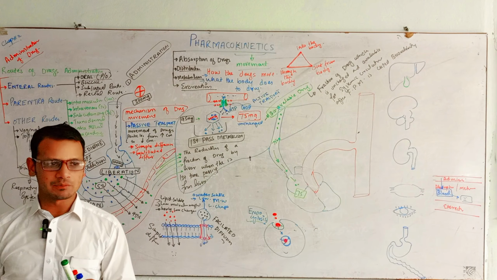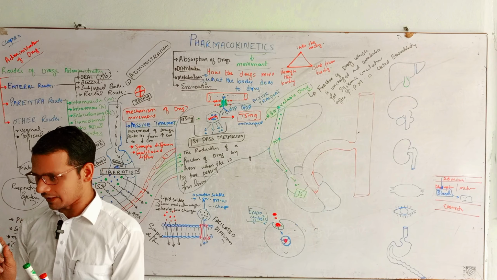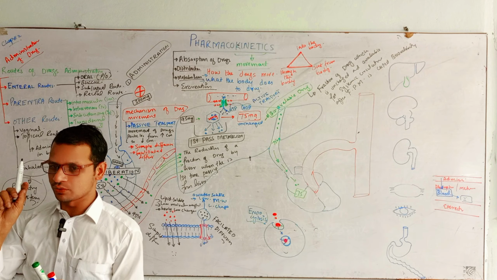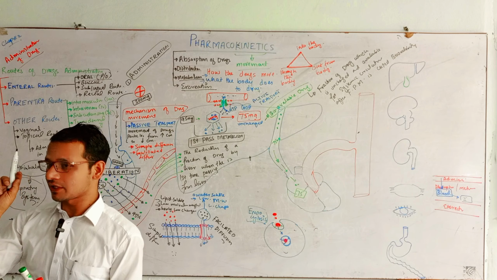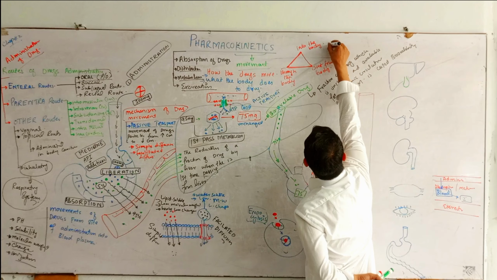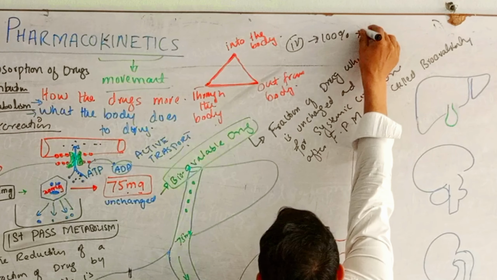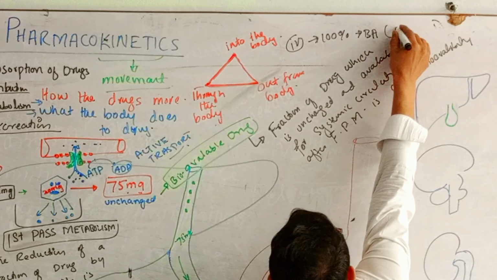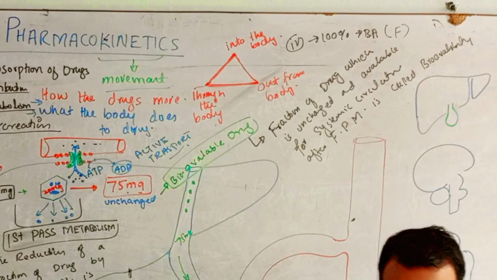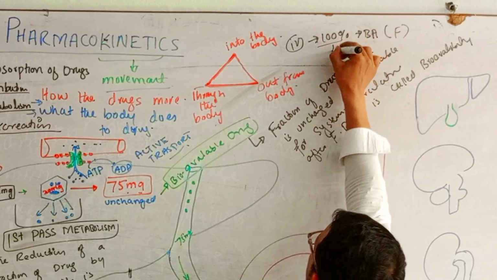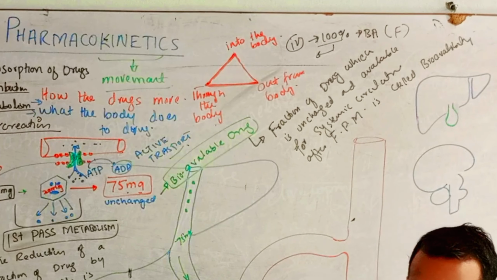The drug which can be administered through the IV route, intravenous, has 100% bioavailability. This is your top MCQ. Because the IV route has 100% bioavailability, it is represented by F. Bioavailability is represented by F, and this is called the emergency route.